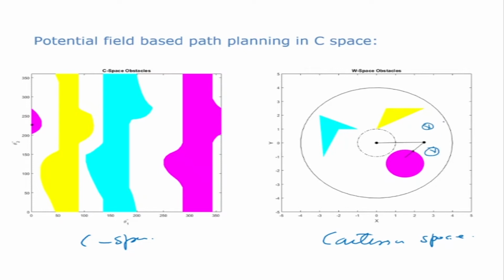I want the manipulator to go from the bottom position, say theta 1 is equal to 0 degrees, and theta 2 is about 300 degrees, so it is somewhere up there.